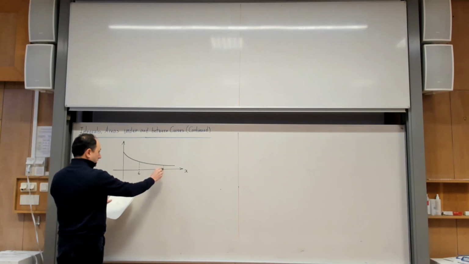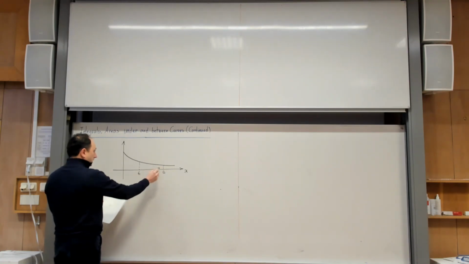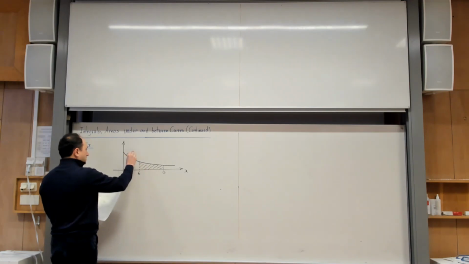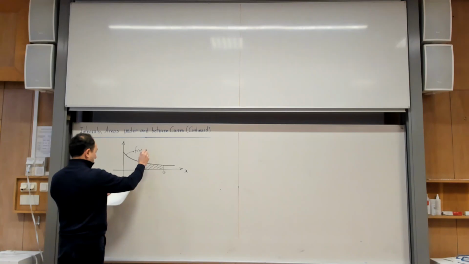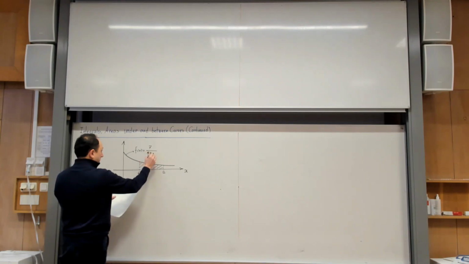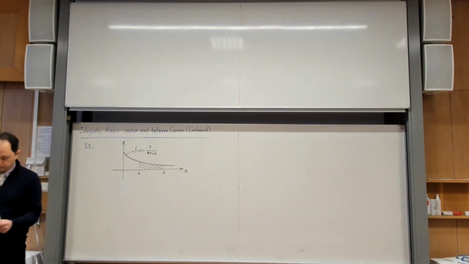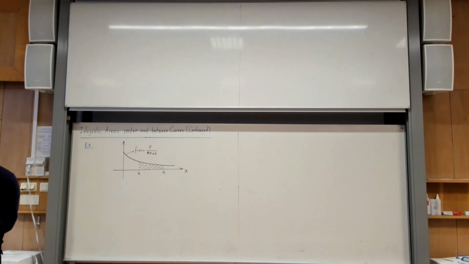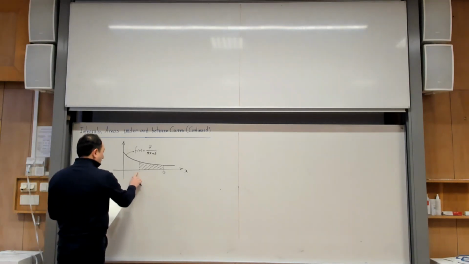This point is given to be A. And this area is given. This function is also given. F of x is equal to 7 over 3x plus 6. Oh, sorry, this is not A, this is E, the Euler number.